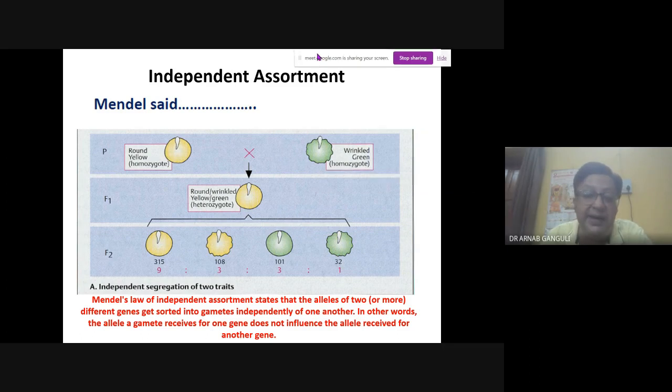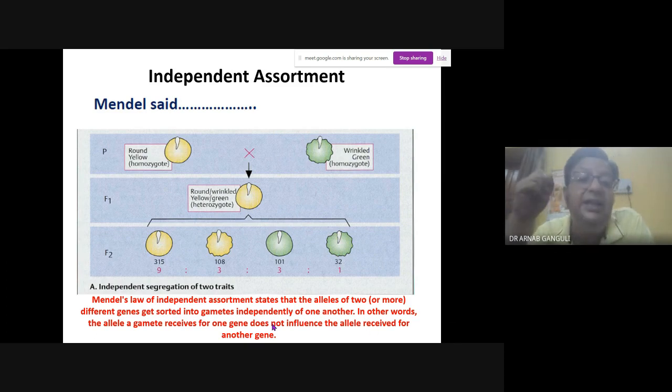So as per Mendel, Mendel's law of independent assortment states that the alleles of two or more different genes get sorted into gametes independently of one another. So in other words, an allele a gamete receives for one gene does not influence the allele received for another gene.